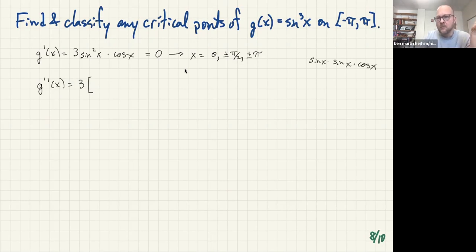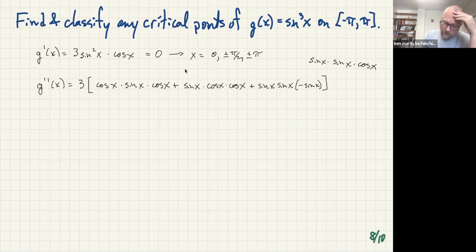You can think of that with the product rule and take the derivative of the first one, cosine x times sine x times cosine x, plus the derivative of the second one, leave the first one alone, and leave the third one alone, plus, and now we leave the first 2 alone, and take the derivative of the last one. Okay, that's pretty messy, but we can tidy it up without too much effort here.